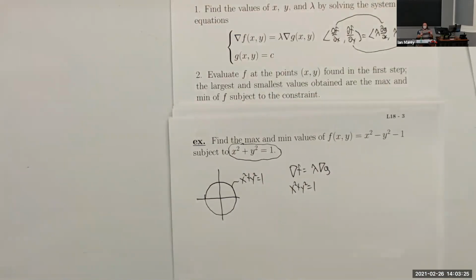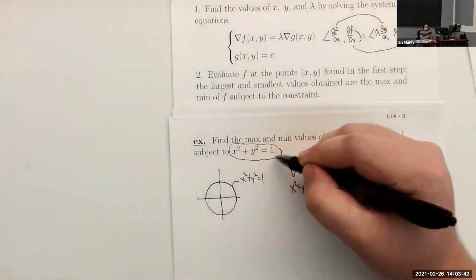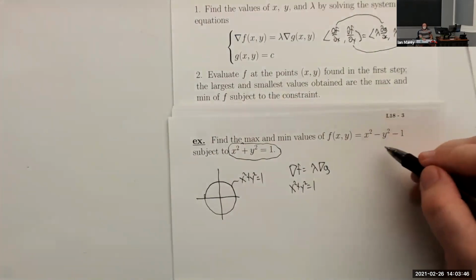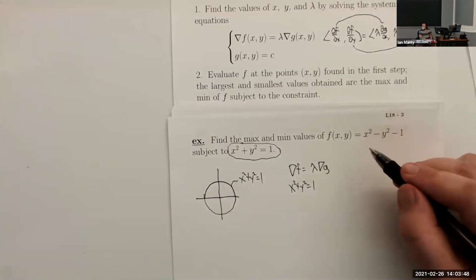Like, oh, you're a farmer that has 100 feet length of fence, and you need to build the biggest area pen that you can. You may not remember that fondly because those problems tend to be the harder ones in Calc 1. But that's essentially what we're doing here. This is saying, we have 100 feet of fence, and we want to make this area as big or maybe as small as possible. That's the analogy going on here.